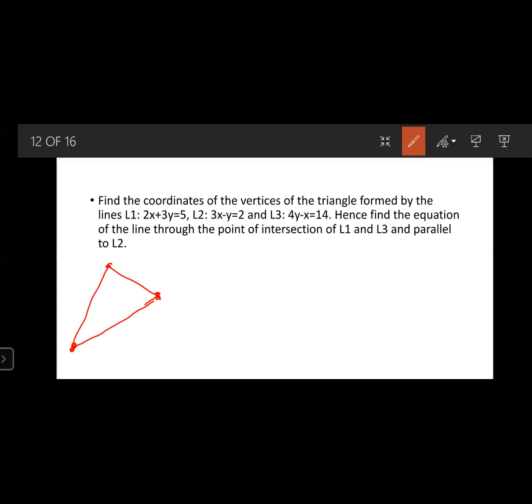Then they said, hence, find the equation of the line through the point of intersection of L1 and L3 and parallel to what? L2. So maybe we may delay that question because of what they mentioned here, parallel.